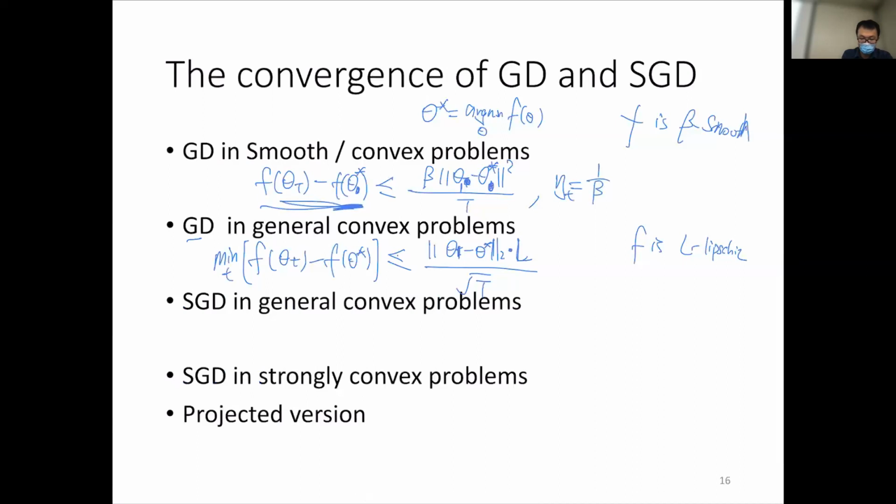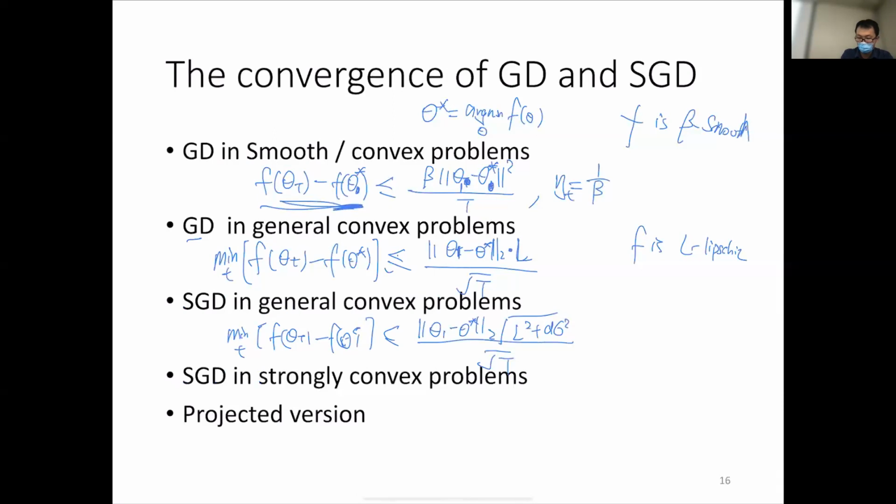The type of result that we get is very similar. This is smaller than square root of L square plus d sigma square over square root of t.